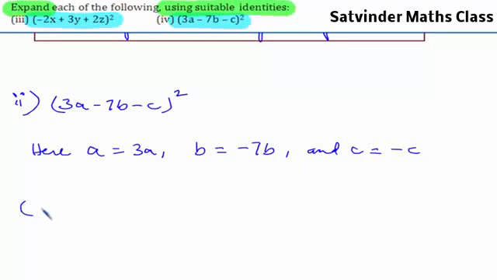Now let us expand the given polynomial (3a - 7b - c)² using the identity.